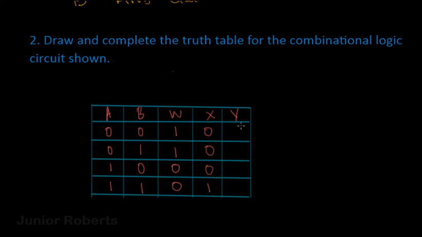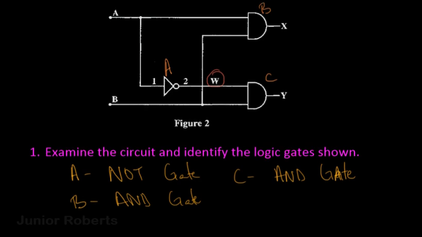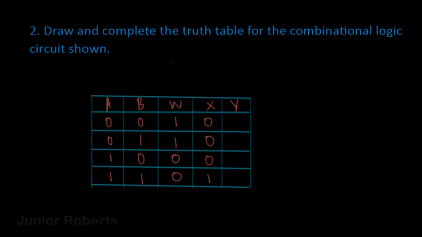Now, when you look at column Y, we have to focus on the gate that controls column Y. Column Y is connected to the output of an AND gate, and this AND gate is connected to input W and input B. So we're going to focus on those when filling out column Y. We have W and B going into the AND gate and producing Y. Again, we only get a 1 at the AND gate whenever we have both 1s at the input, which occurs right here.